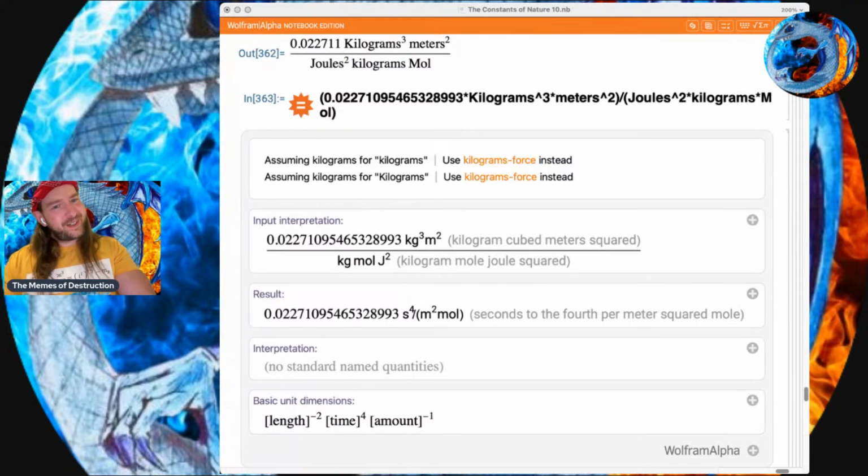We need meters. This might do it. The units. Alright. So we need meters per mole.